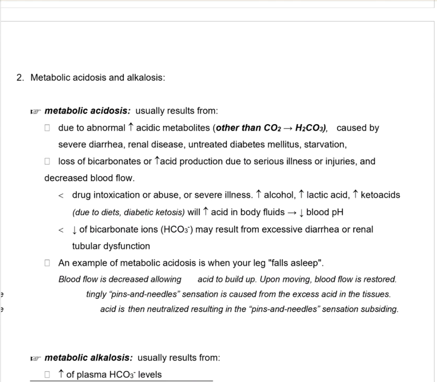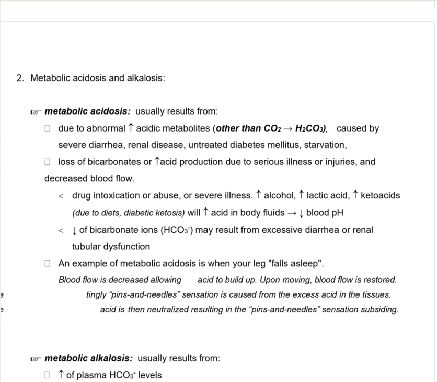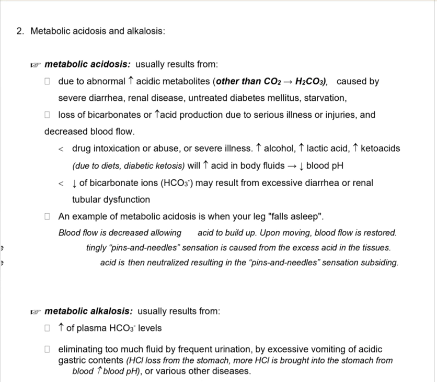Okay, so know the difference between respiratory acidosis and respiratory alkalosis. And then you need to contrast that with metabolic acidosis and metabolic alkalosis. So metabolic acidosis results usually from abnormal amounts of acidic metabolites other than carbon dioxide, okay?